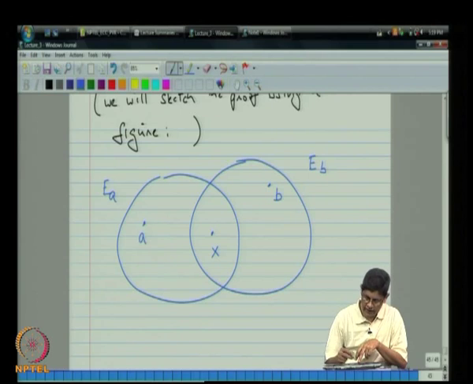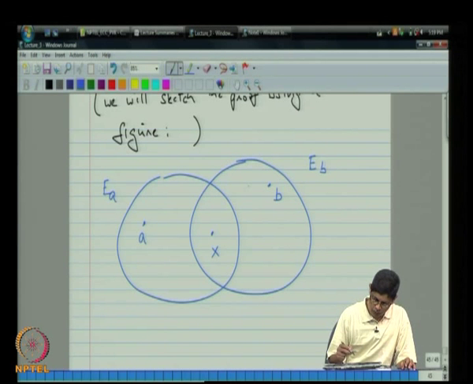Now, certainly if they are not the same, there must be some element which does not belong to the intersection. So, let us say the A and B may or may not belong to the intersection. So, I am not going to use them, but let us pick two other elements.